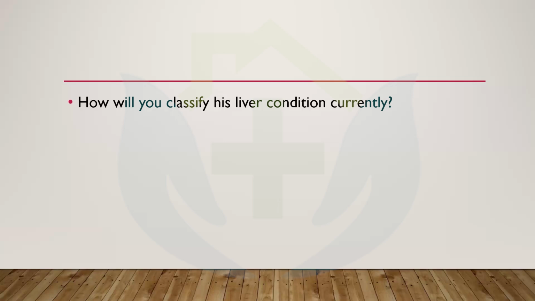MELD score. Okay, fine. Why is it important to classify the liver failure? To see if he is a candidate for liver transplantation or not, and to assess his survival rate, chance of survival, life expectancy.